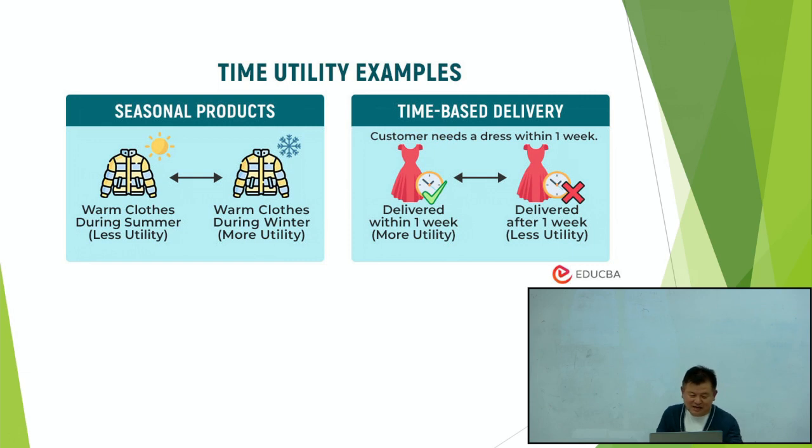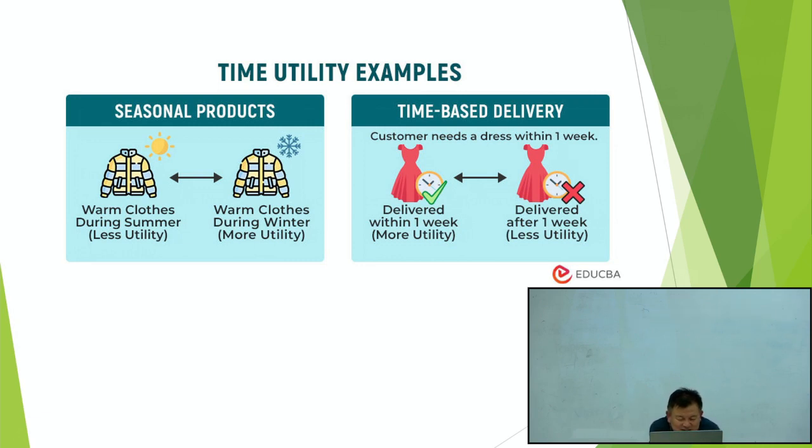But after this time passes, warm clothes during winter are very useful. This is seasonal products. That's why the same clothes are different between summer season and winter season. This is time utility.